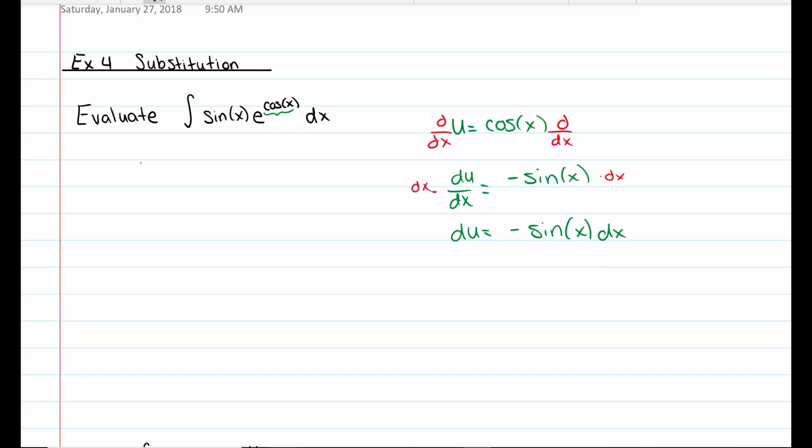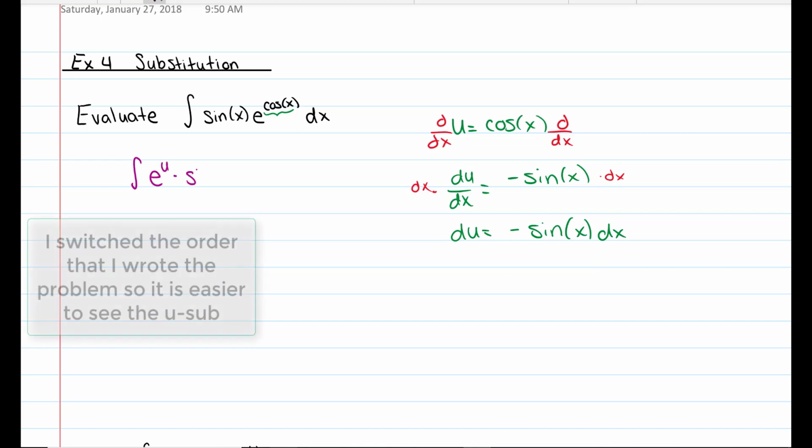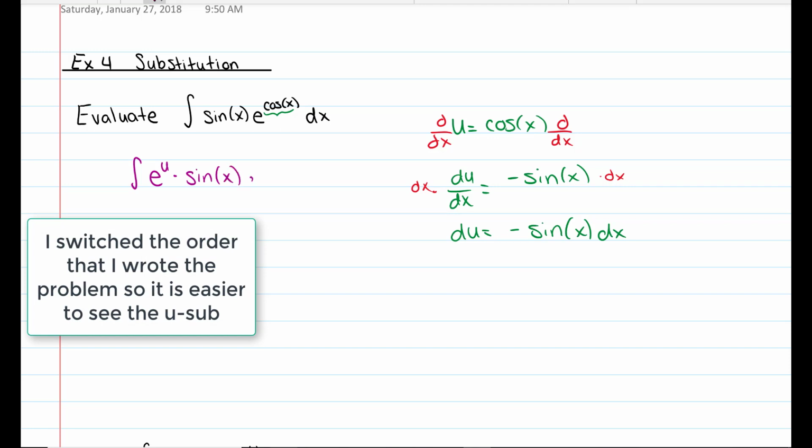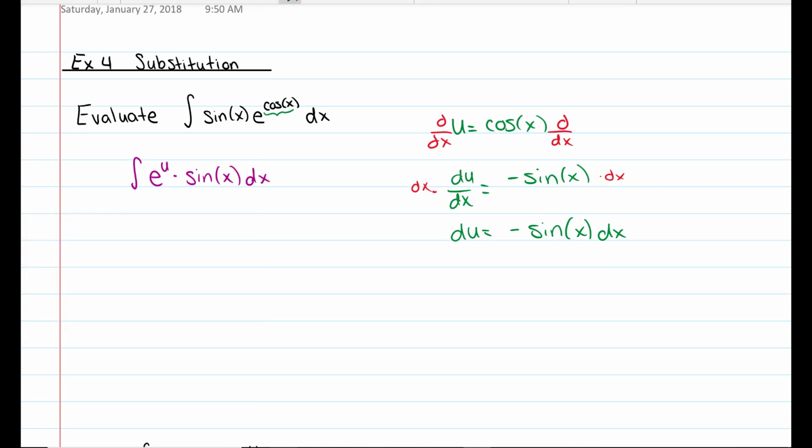So we get the integral of e to the u times sine of x dx. Notice that we have du is equal to negative sine of x dx. So we're going to multiply both sides by a negative 1 and get negative du is sine of x dx.